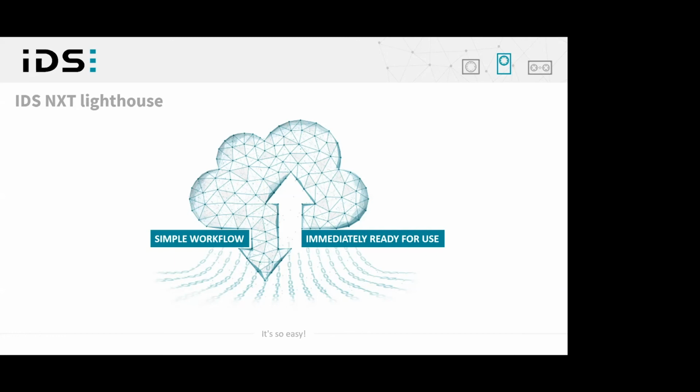You have nearly no pre-knowledge. You don't have to train your people for this system. Upload images, start a training, and then download a trained network and let it run on NXT. This workflow we will see now in the next session.